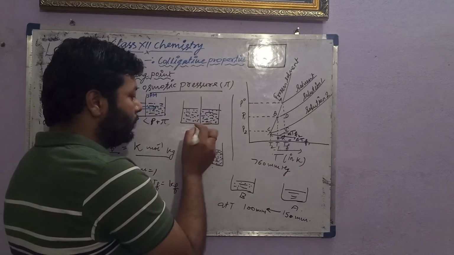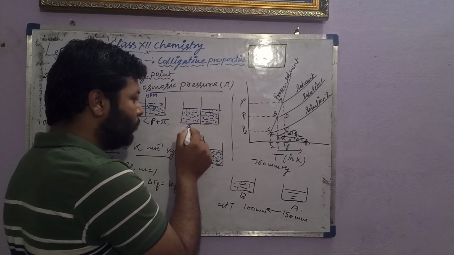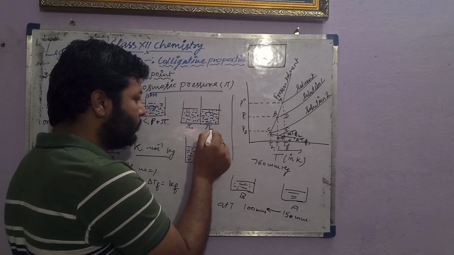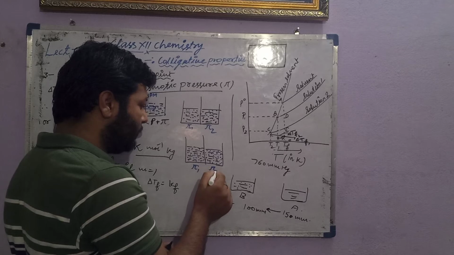Suppose the osmotic pressures are pi 1 here and pi 2 here.